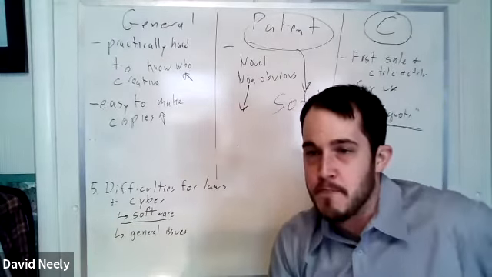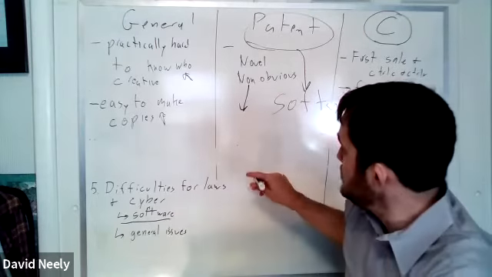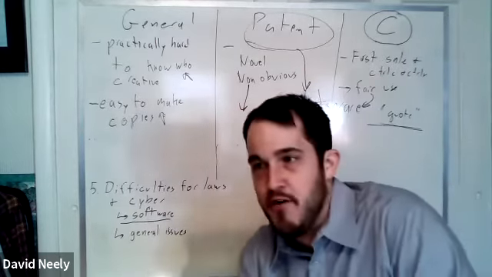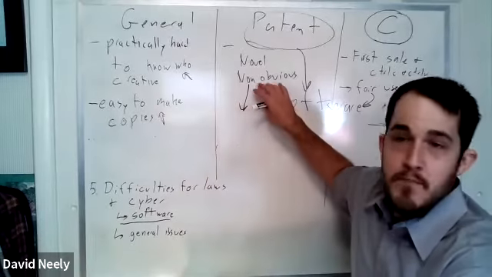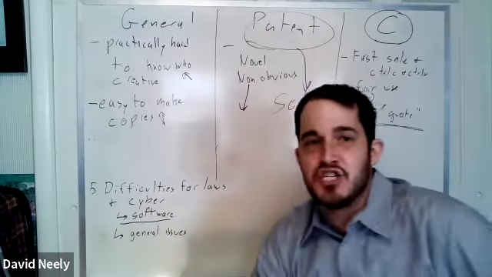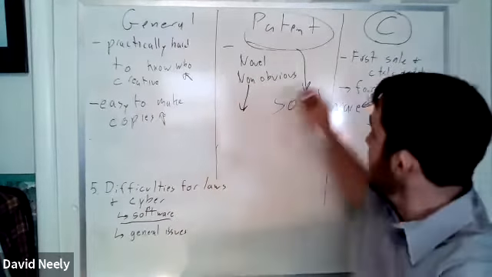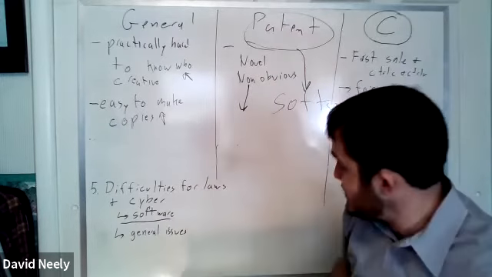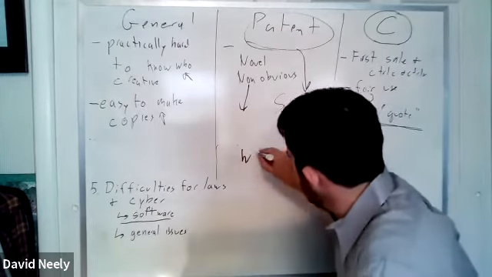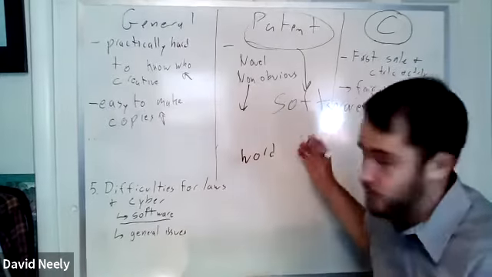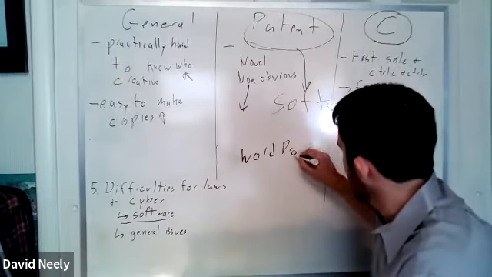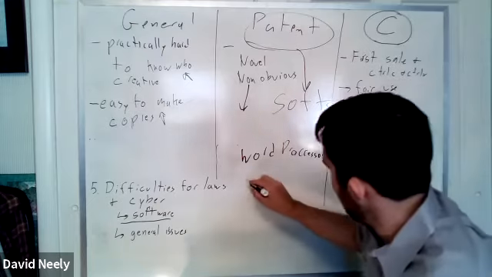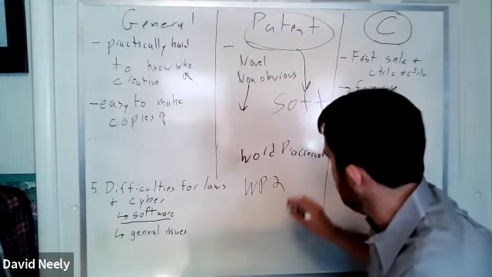Here's another issue. Who would be knowledgeable enough to identify whether some new computer program is so similar to another that it should be considered the same? So imagine, here we go. We have a word processing program, word processor. Let's call it word processor 1. And we have word processor 2.